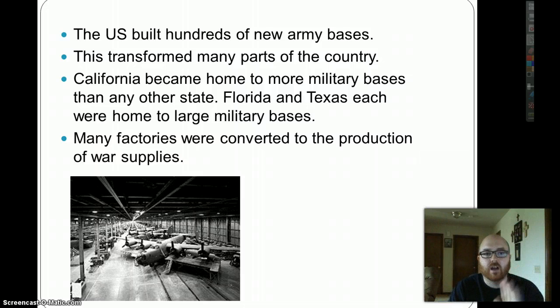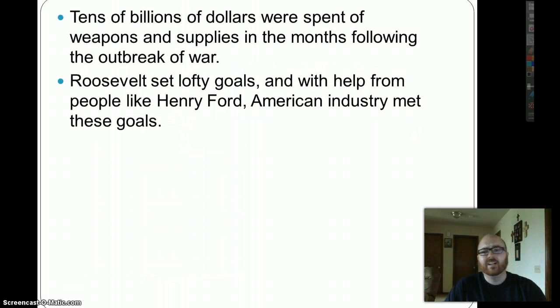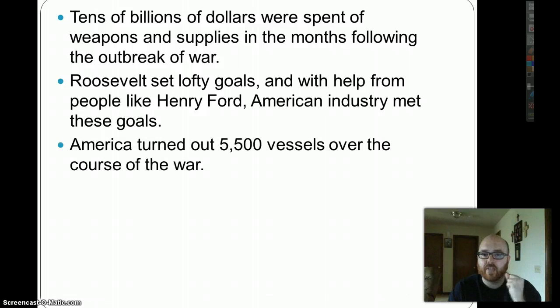Every aspect of life. Total war. Now we'll talk about more of that in the home front lesson. Right, tens of billions of dollars spent on weapons and supplies, and these goals are going to be helped by Henry Ford, who is going to help out all these other capitalists. Like I said, everybody was involved. Everybody's getting in this thing.